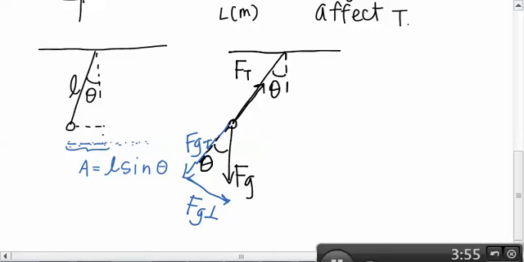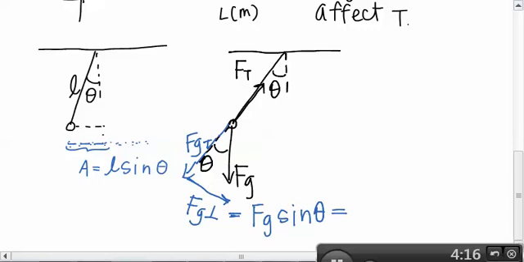Separate it into its components, y and x. What would this perpendicular component be? Perpendicular to the length of the wire. It's opposite of theta, so how would we find that component? Do you remember? Yeah, it's a sine function too. So Fg sine theta.